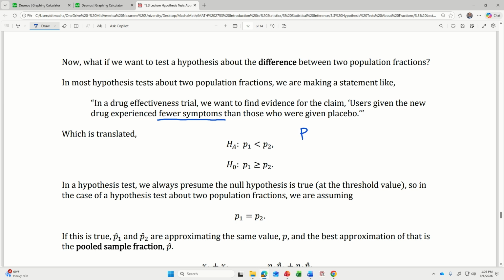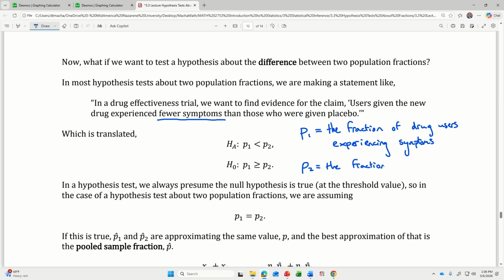So let P1 be the fraction of drug users experiencing symptoms, and let P2 be the fraction of placebo group members experiencing symptoms.